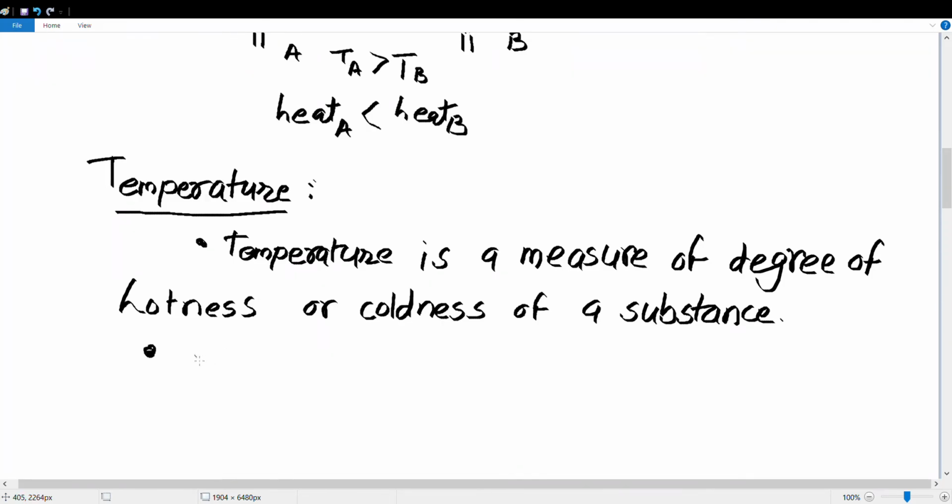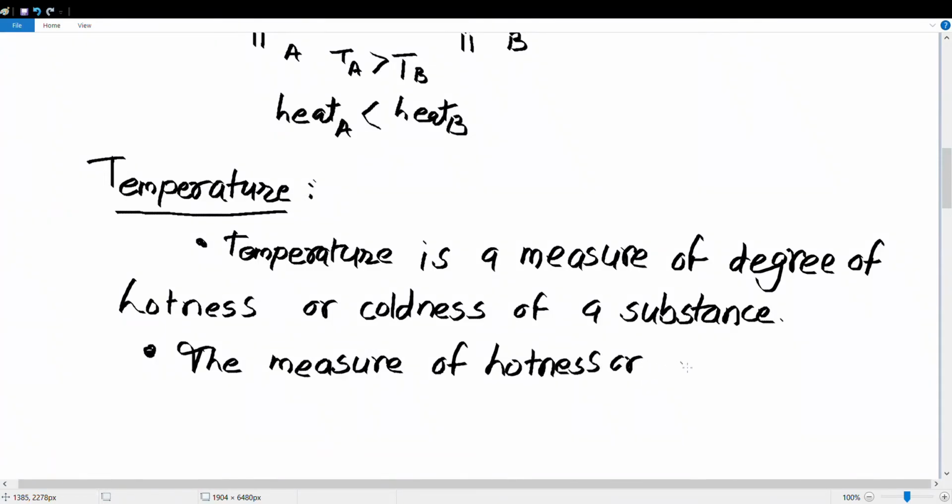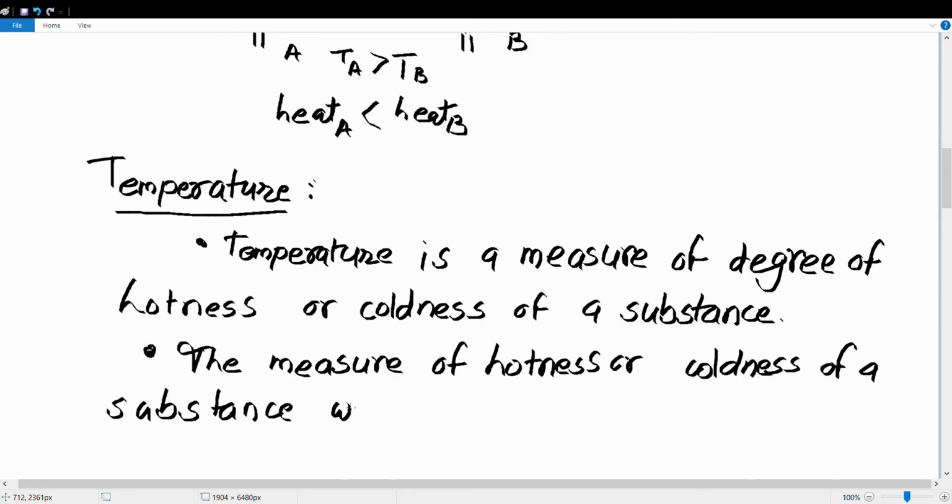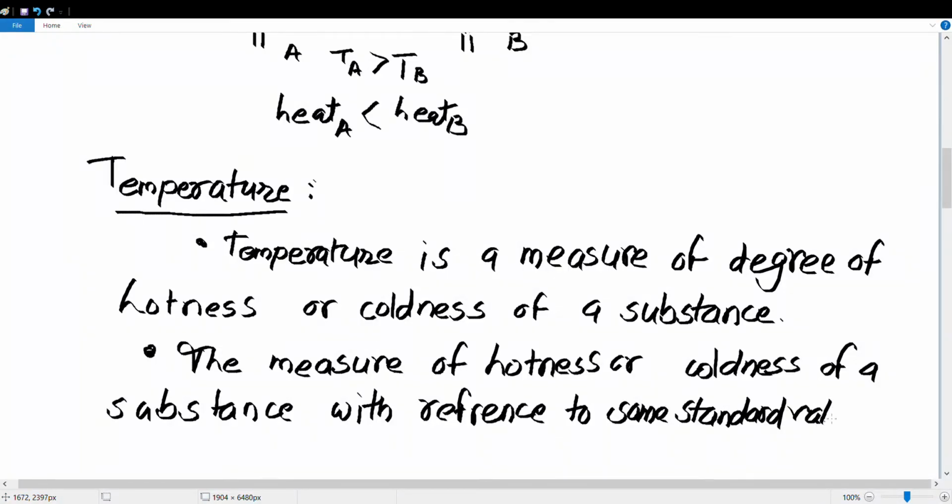The measure of hotness or coldness of a substance, with reference to some standard value.